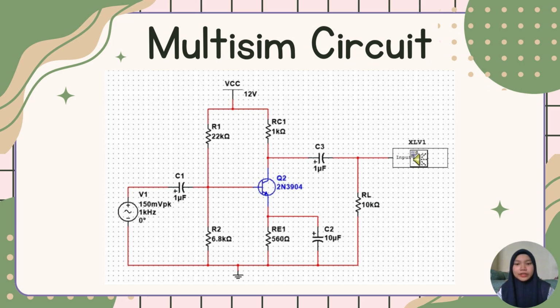The value for R1 is 22K. The R2 is 6.8 kilo ohm, RC is 1 kilo ohm, RE is 560 ohm, and lastly the RL is 10 kilo ohm. So we use only one transistor, which is 2N3904 transistor.